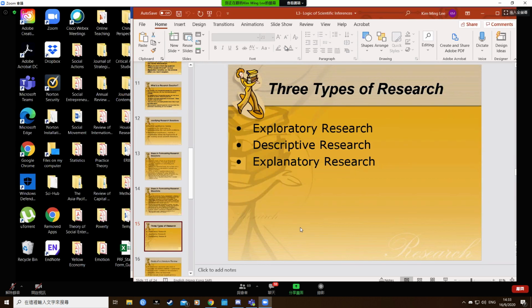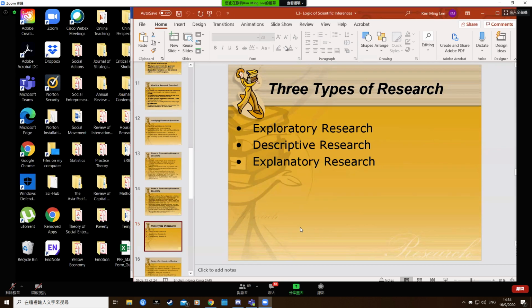So the types of research also reflect the types of research question you are formulating. For example, in exploratory research, what causes divorce may be sufficient, or what is divorce may be sufficient. Okay, so in exploratory research, you want to explore to see what kind of variables are involved in it.